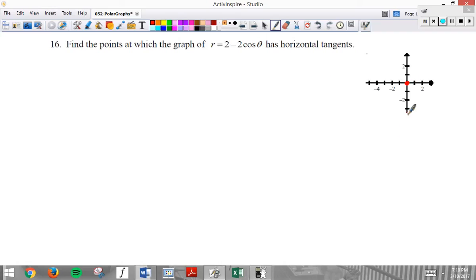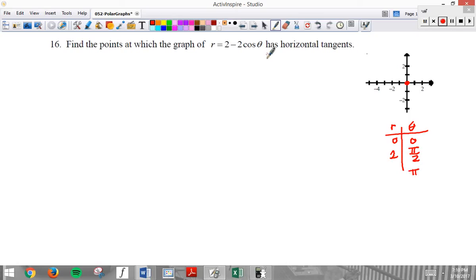I can write it out, but I'm going to have to shrink it. r, theta: 0, 0. Cosine of 0 is 1, 2 minus 2 is 0. Pi over 2, let's check it out. Cosine pi over 2 is 0. 2 times 0 is 0. 2 minus 0 is 2.